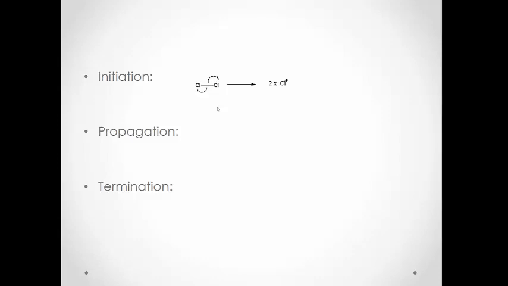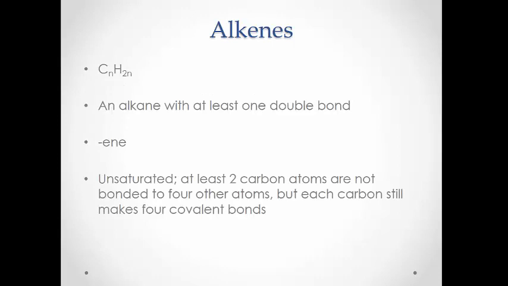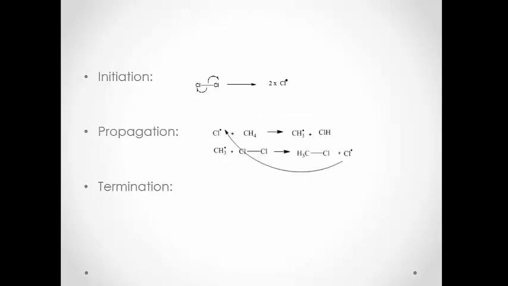So for this to happen, we would need to have an initiation source, which is usually UV light, and hence where all that aging comes from if you sit out in the sun. So you have your initiation step, followed by your propagation step, and then finally your termination step.